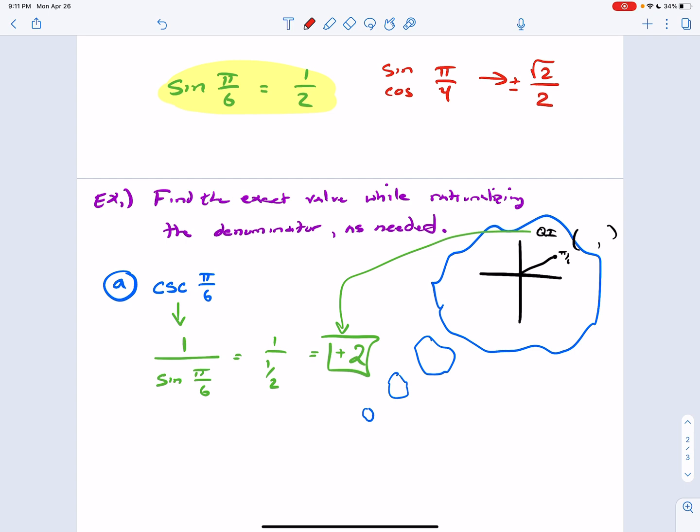Okay? So if you know that sine of pi over 6 is 1/2, cosine of pi over 6 will definitely have to be the other one, which is radical 3 over 2. So you compare it to the one that you know. Okay? More of that in a second.